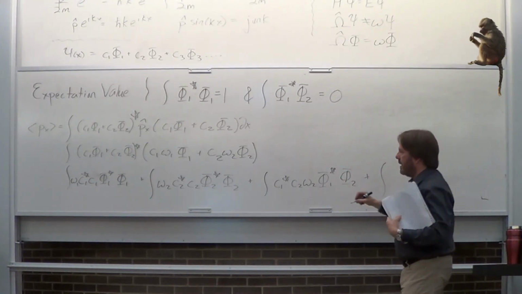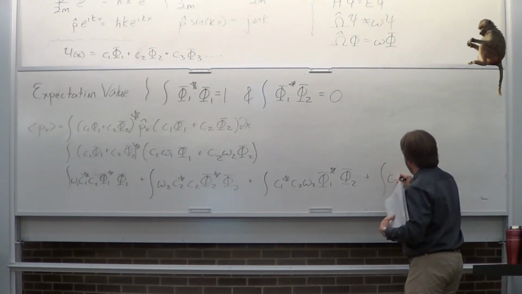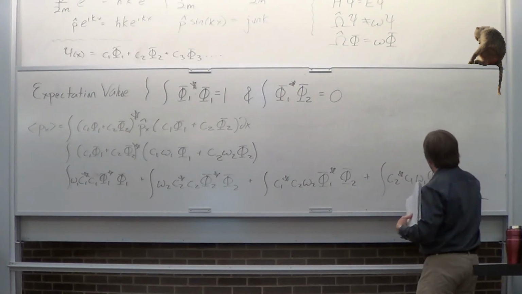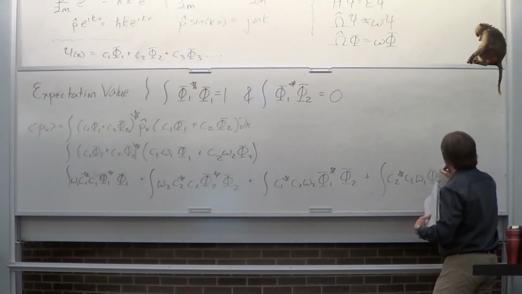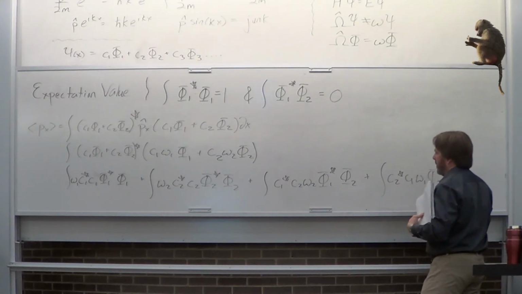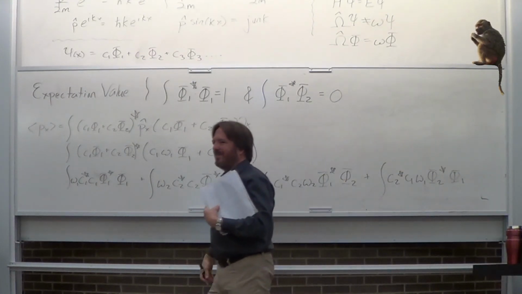Then I've got the inner and outer, whichever one it is, C2 star, C1. I'm kind of on automatic right now, so hopefully I'm not screwing this up. And I've forgotten the partials, but anyway.